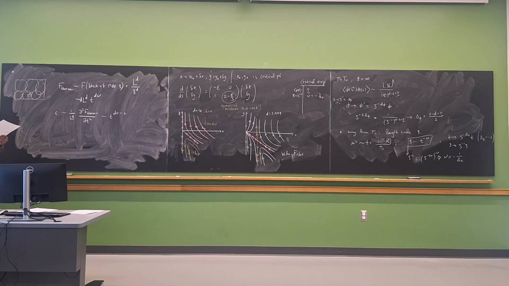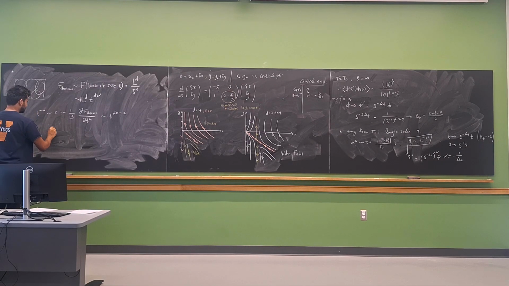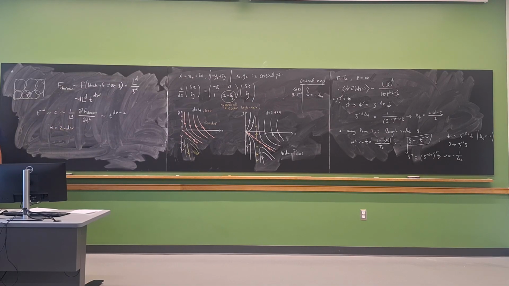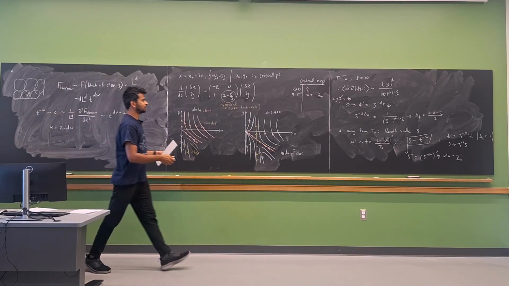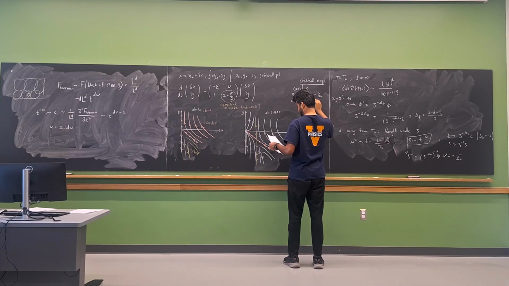Very simple. But heat capacity diverges like T to the minus alpha by definition. So we get alpha equal to 2 minus D nu. So we have another critical exponent, C, that diverges like T to the minus alpha, but alpha is 2 minus D nu.